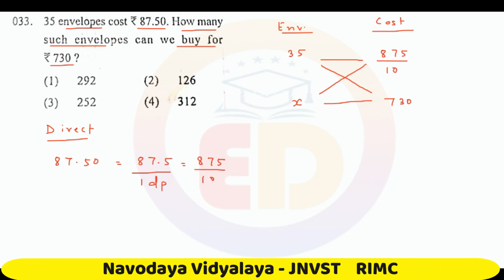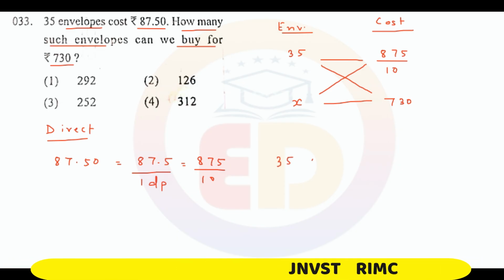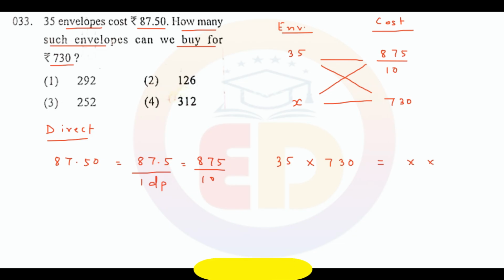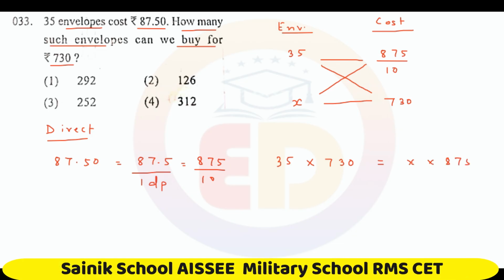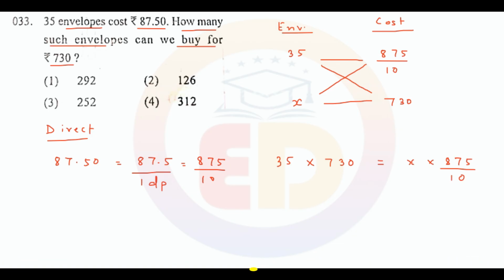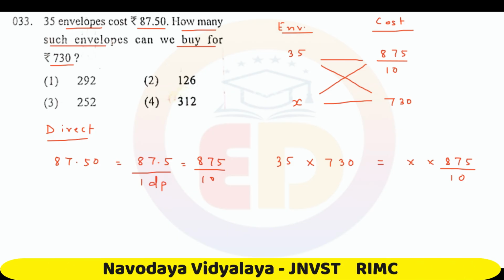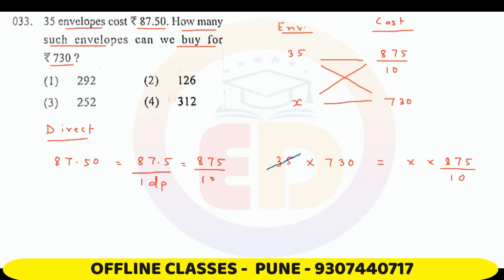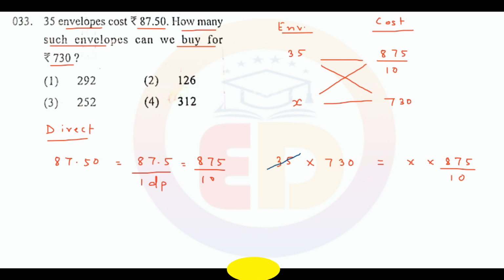We multiply 35 and 730, and we multiply X with 875 upon 10. Now I told you the numerator of left hand side will cancel the numerator of right hand side. So we can directly divide 35 and 875.